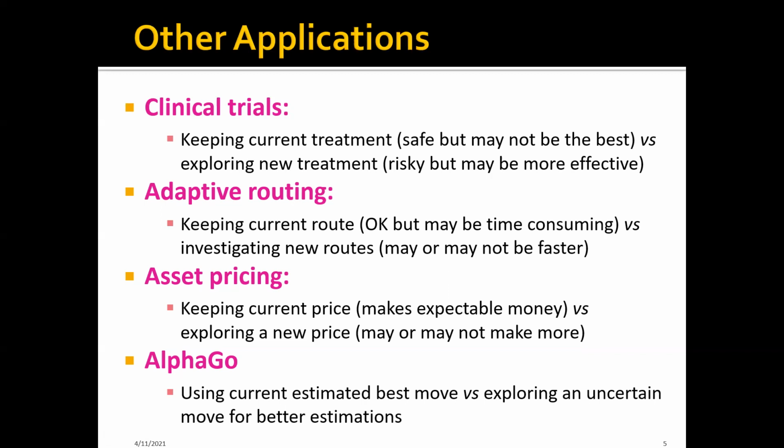It might even make less money for you. Then another application, of course, is AlphaGo, because AlphaGo may need to choose between using the current estimated best move and exploring an uncertain move for potentially better estimations.